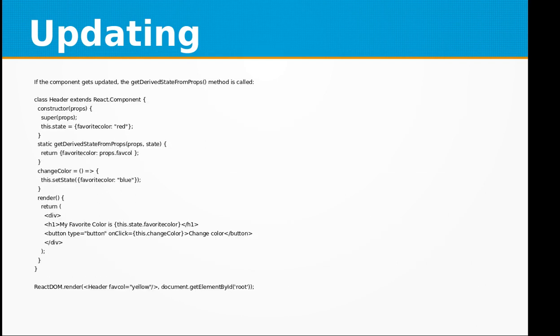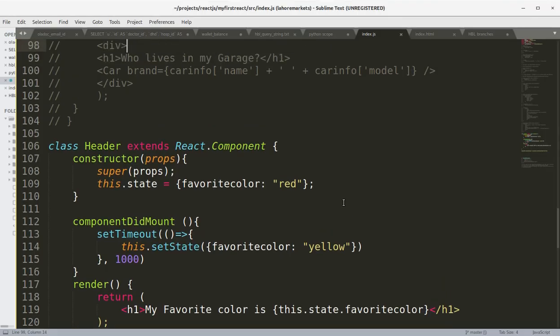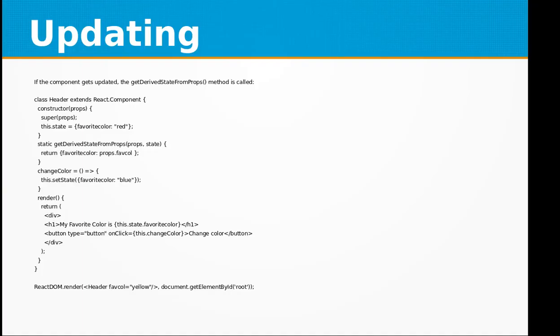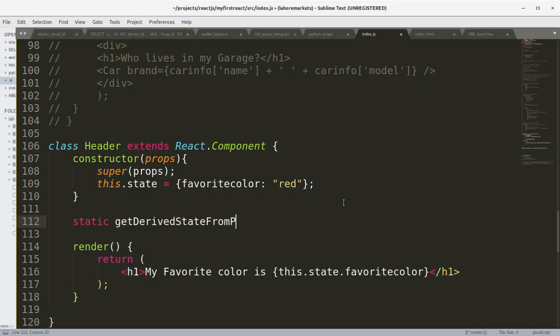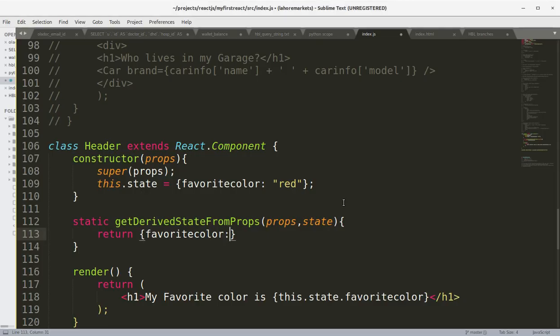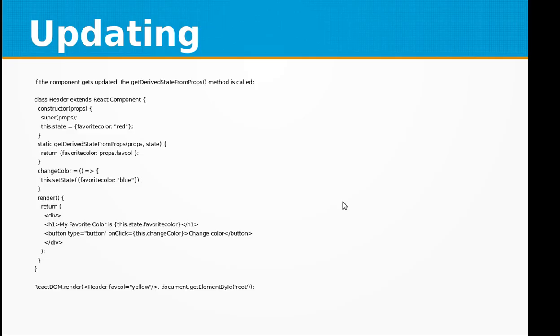So let's look at this example. In this example, I'm going to use a function called getDerivedStateFromProps, and we are receiving props and state as arguments, and within this function we are returning favoriteColor: props.favcol.